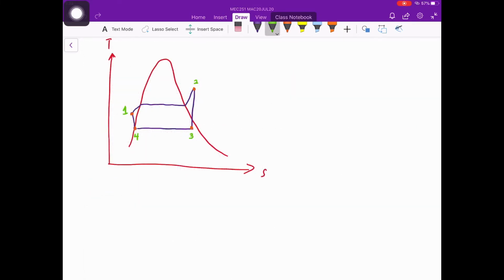From our TS diagram, power in is across the pump, which is process 4 to 1. Heat transfer rate into our system is for the process 1 to 2. And the power output produced by the turbine is across the process 2 to 3.